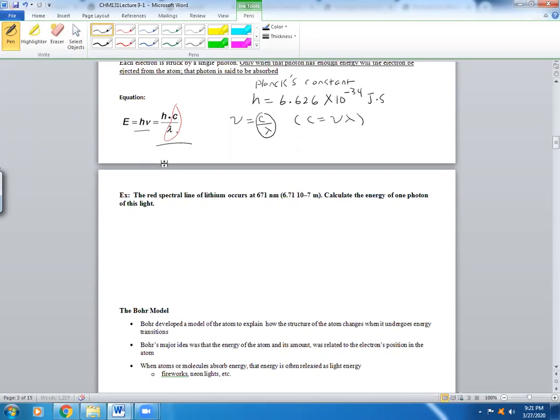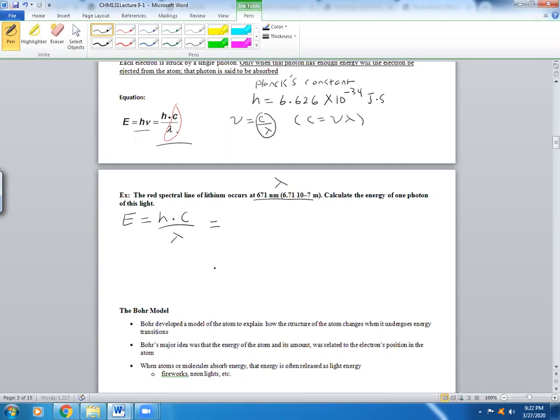Well, let's see what's given to us. What's given to us is wavelength. So it must be this form, not this form, because for this one I would need the frequency. So therefore, it's going to be E equals h times c over lambda.